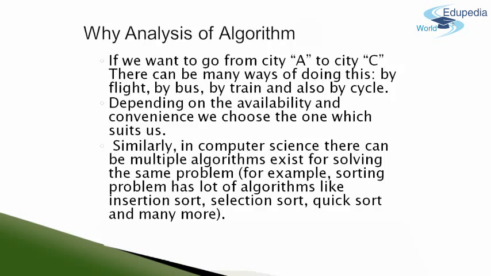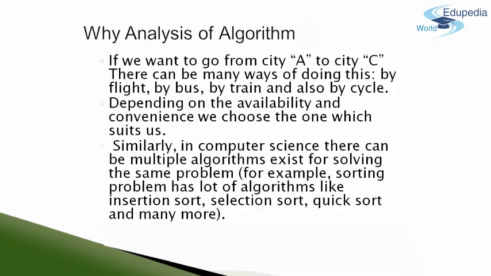Well, just consider an example that if we want to go from city A to city C, there can be many ways for doing this. For example, we can go via city B or maybe via city D or by bus, by flight, by train. Also, we can go by cycle.